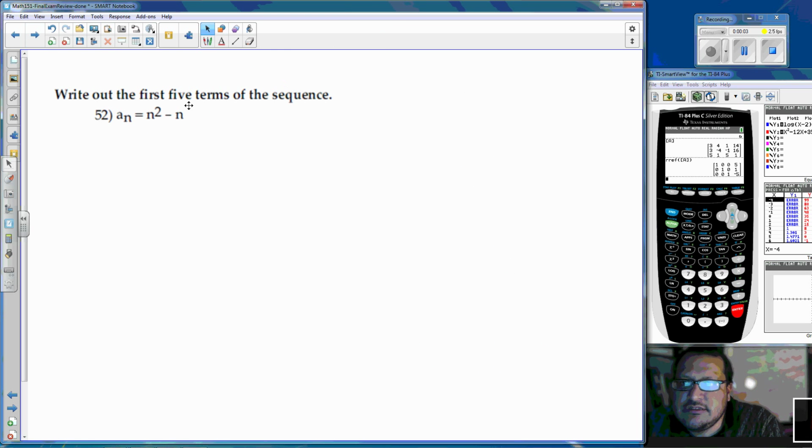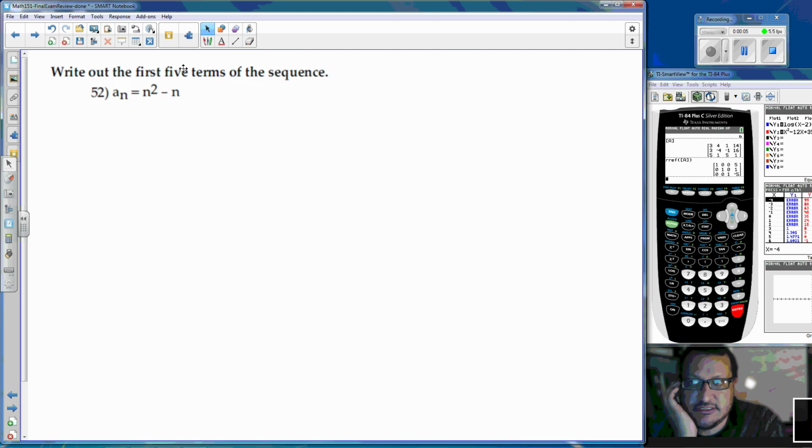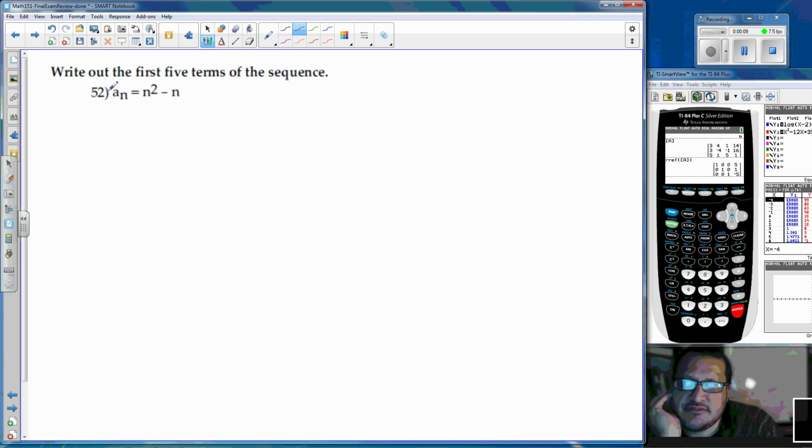Okay, now we're on to the last chapter, sequences. So to find the first 5 terms of a sequence, well, we just plug in 1, 2, 3, 4, 5. So we'll just make a little table.